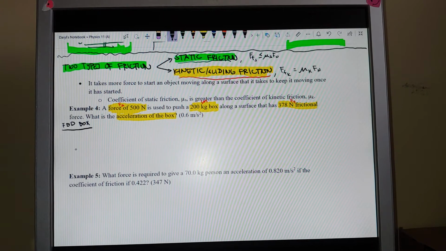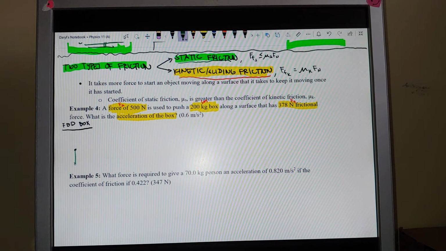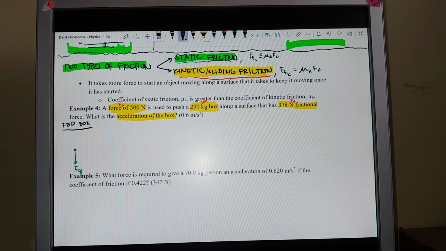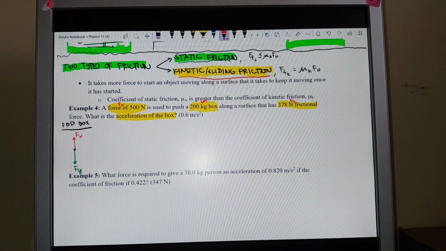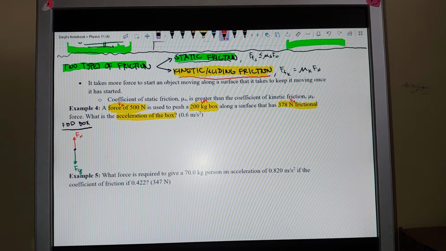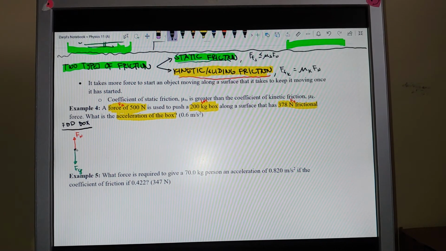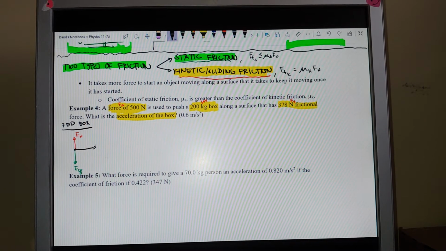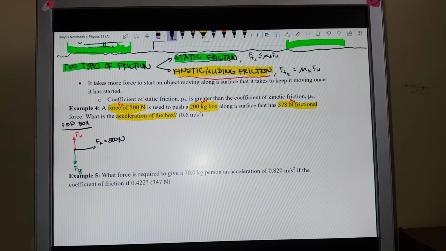If I identify the forces acting on my box, I have the weight, that is Fg. I have the normal force, Fn, which is upward. Then let's say, for example, the applied force is to the right, and that is 500 newtons.